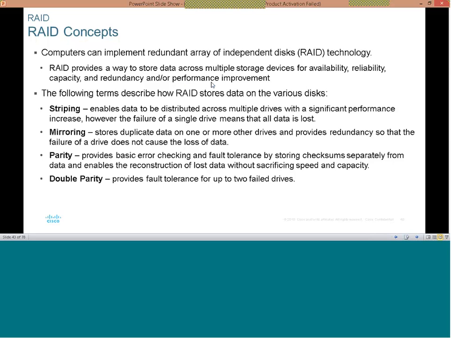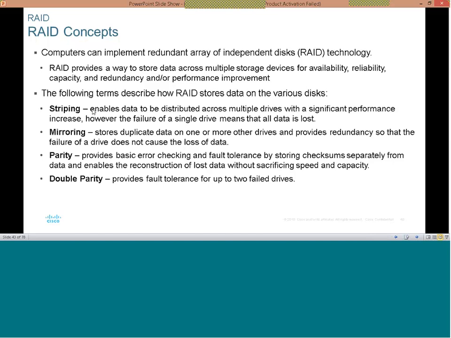All this is a way of trying to secure our data and make data available and reliable, and to give the storage more capacity, redundancy, and performance improvement. Now, all these are features of the RAID, on the ground that the RAID has arrays of hard drives, and these hard drives actually work synchronously. In case one fails, the other takes over.